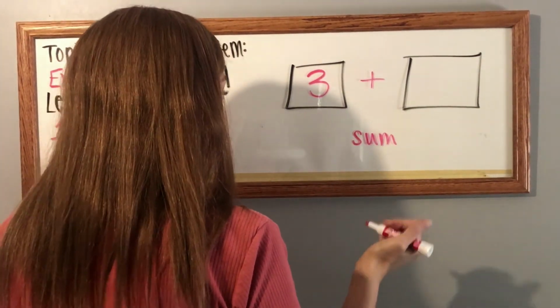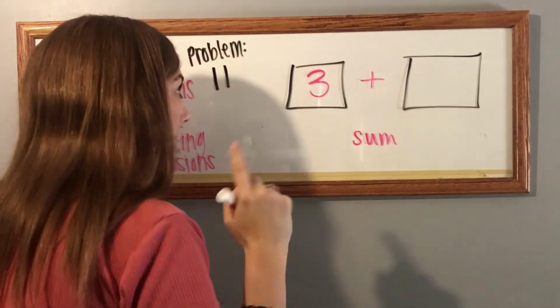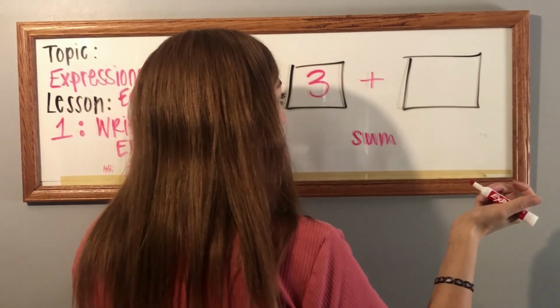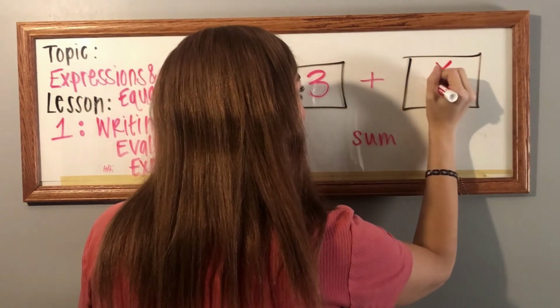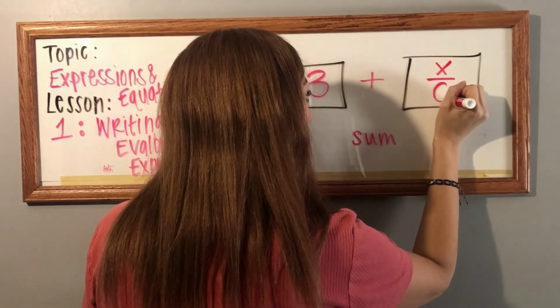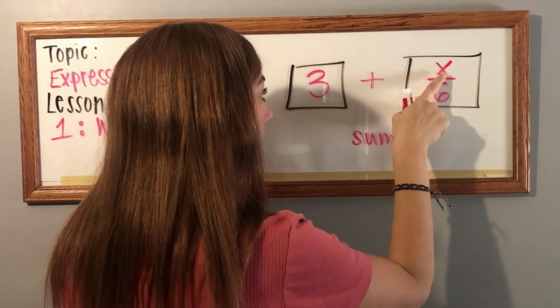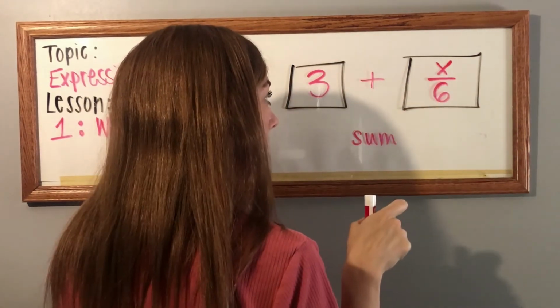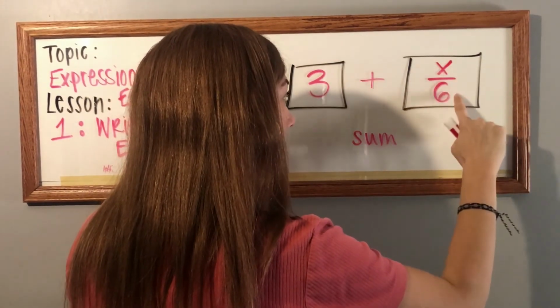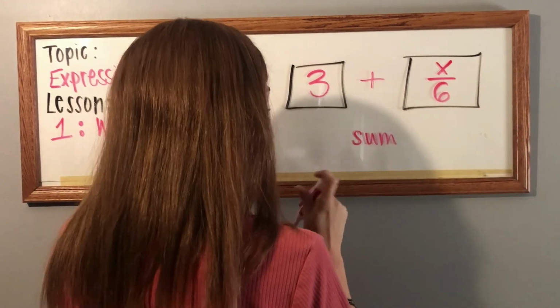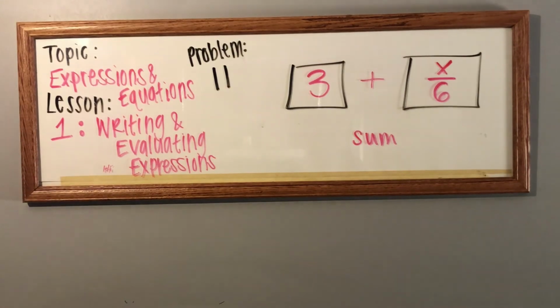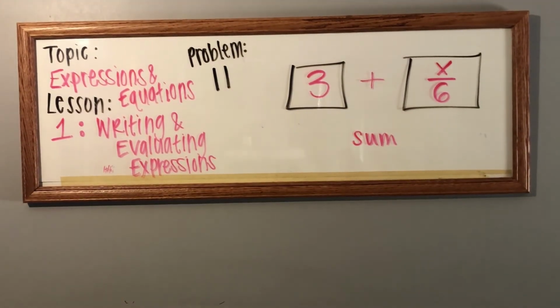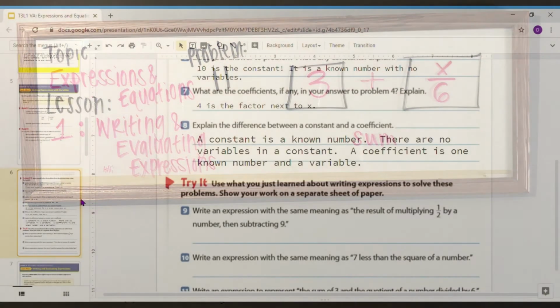Whenever I see the word a number, I think x or a variable of some sort. So my final answer is 3 plus x over 6. Because when I show x over 6, that is the quotient, the answer of a number, x, divided by 6.